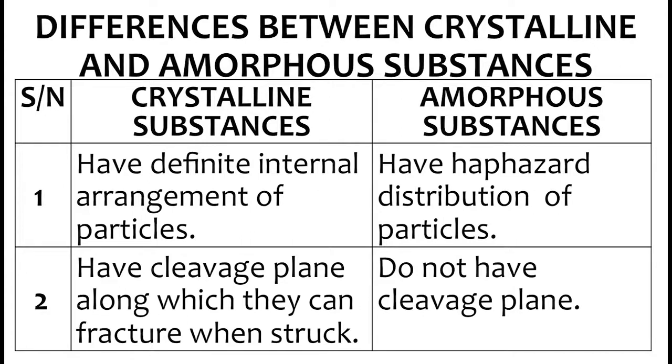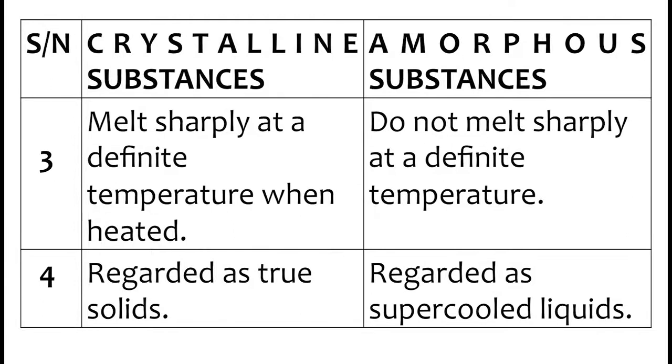Number two, crystalline substances have cleavage planes along which they can fracture when they are struck. On the other hand, amorphous substances do not have a cleavage plane. Number three, crystalline substances melt sharply at a definite temperature when they are heated.